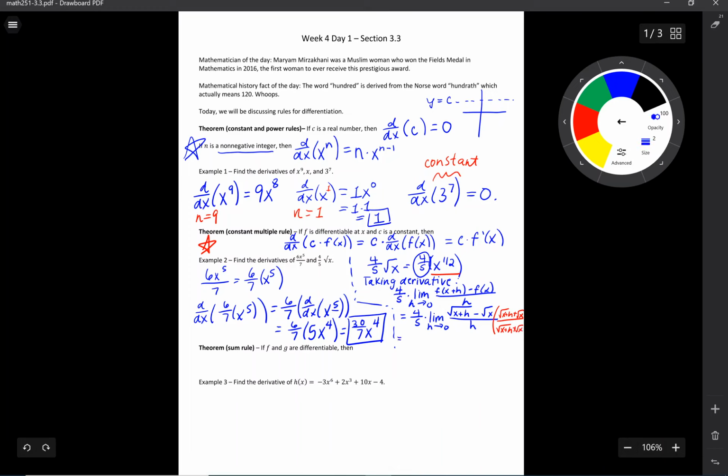This gives me 4/5 times the limit as h goes to 0. On the top, my square roots cancel and my two inner terms cancel. I'm left with x plus h minus x. And then on the bottom, I have h times square root of x plus h plus square root of x.